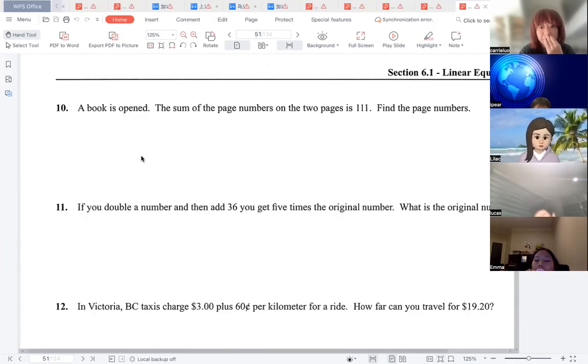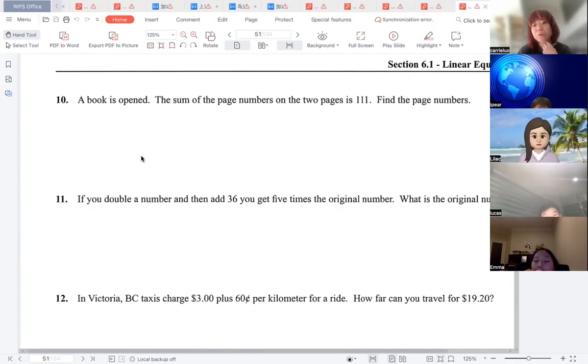Okay, so let's take a look at number 10, number 11, and number 12. A book is opened. The sum of the page numbers on the two pages is 111.